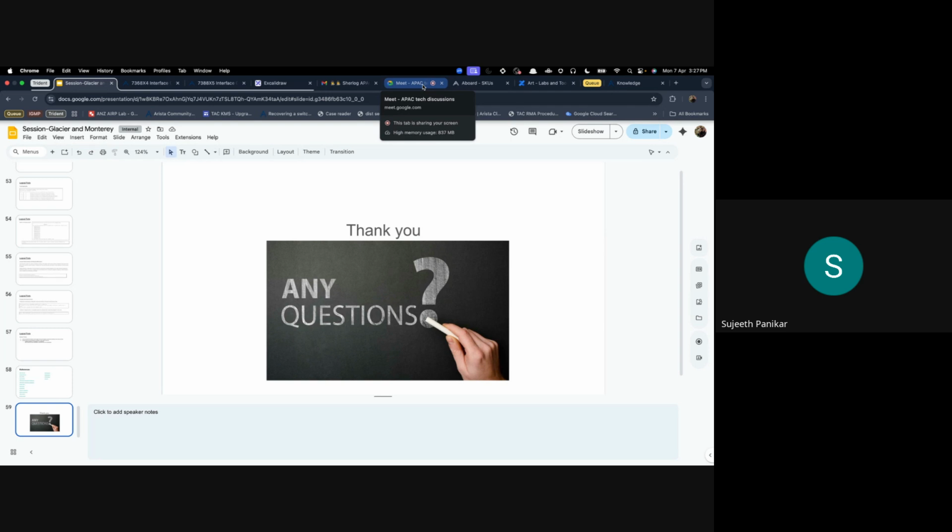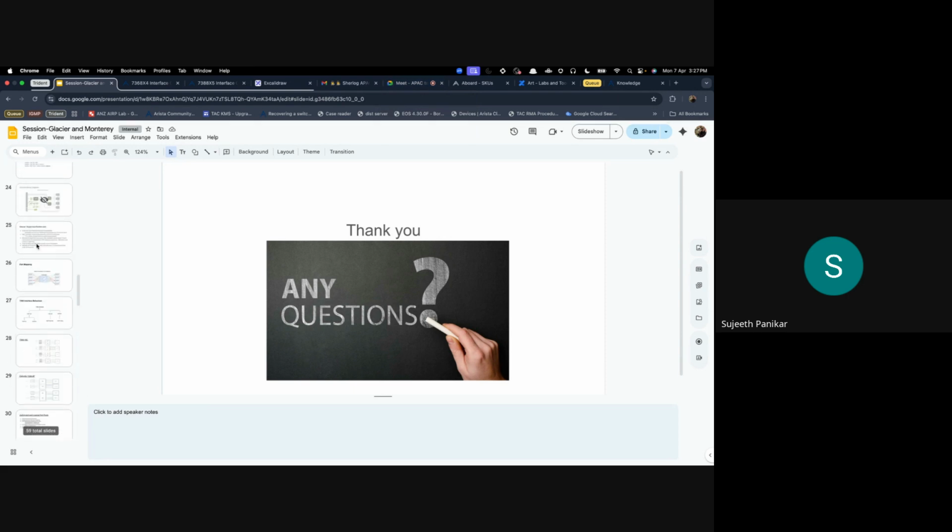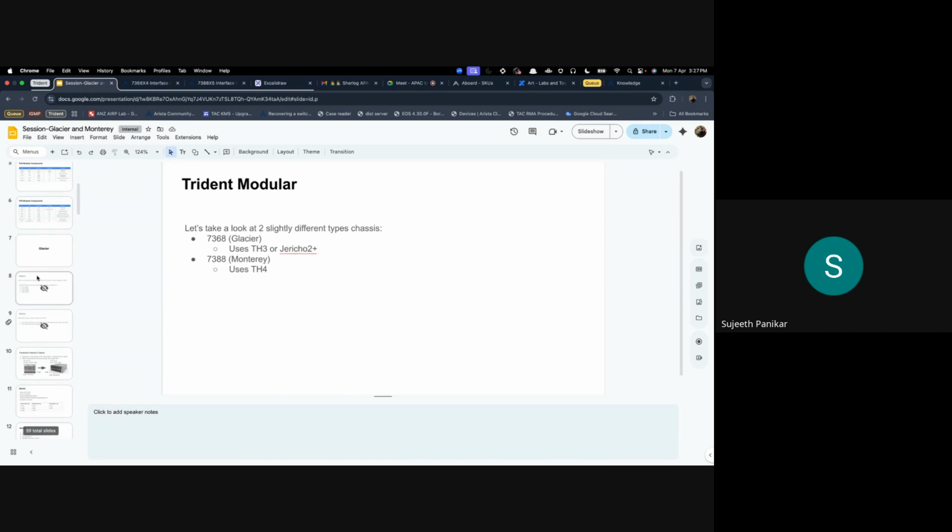It's also different because unlike other modulars, which have multiple line cards and all the line cards have ASICs, over here none of the line cards have your ASIC. The switch card has your ASIC, and there's only one ASIC in the entire chassis. So, like Ashwini pointed out earlier, each line card would have different ASICs, but over here only one ASIC is there per chassis, which means that there is a very big chance of oversubscription.